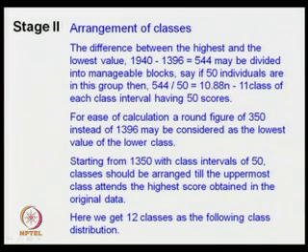Say if 50 individuals are in this group, then this value is divided by 50. So, we can have 10.88 classes, which means we can say 11 classes of each class interval having 50 scores.